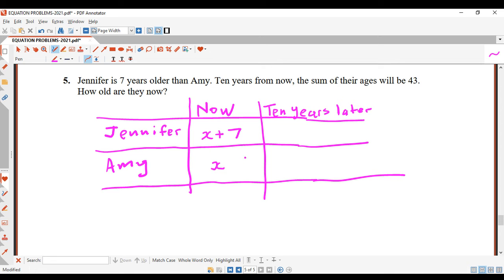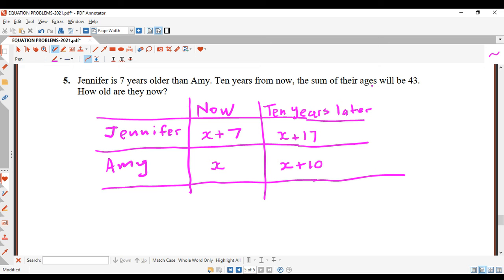Now 10 years later, Amy will be X plus 10, and Jennifer will be 10 years older as well, so it should be X plus 17, because adding 10 to X plus 7 gives you X plus 17. Now, that's how old they are in 10 years' time.